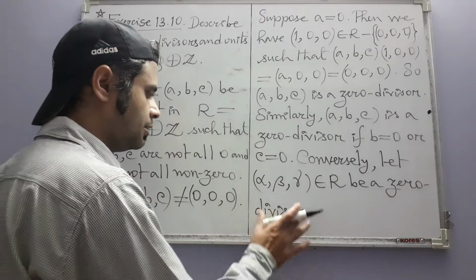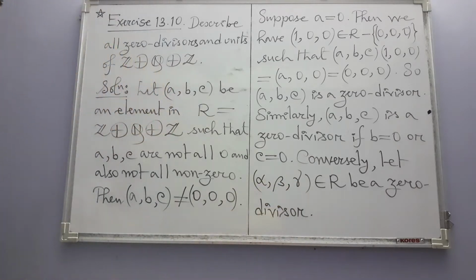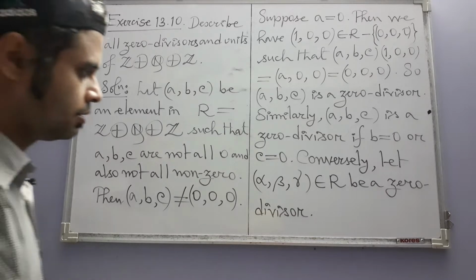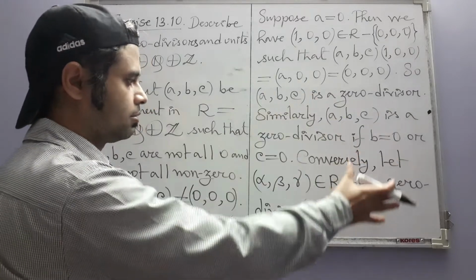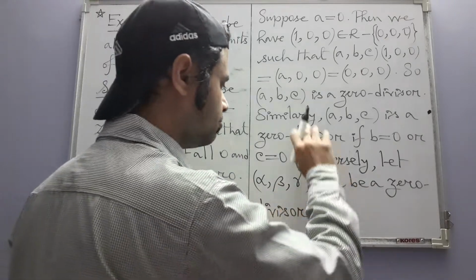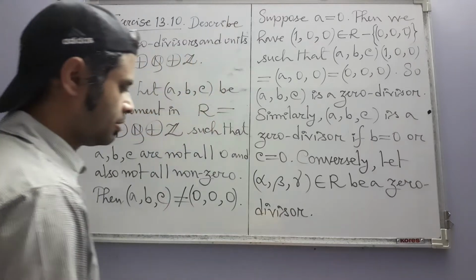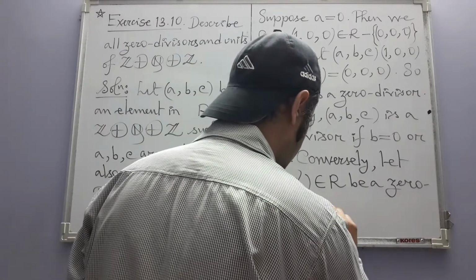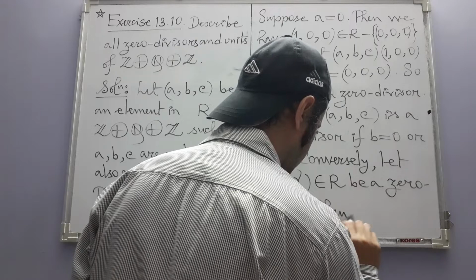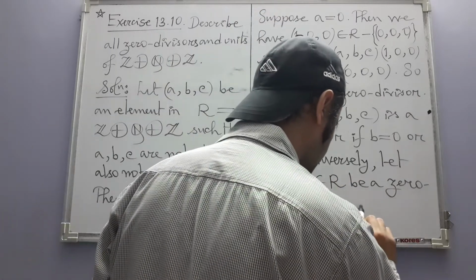First of all, this triple is not equal to the zero triple, and then we can find another triple, which may or may not be equal to this triple itself, which is also non-zero, but the product of these two triples is the zero element in our ring. So we first write the first part of the definition of a zero divisor for this one.